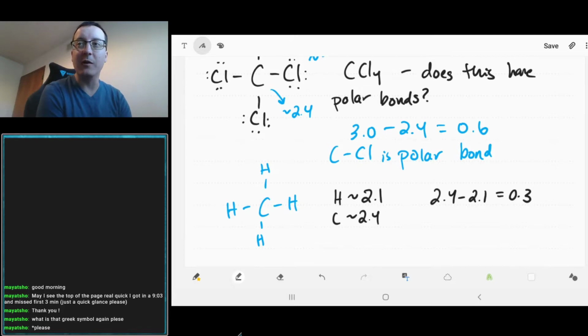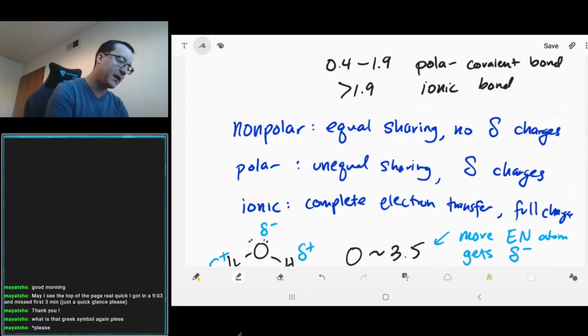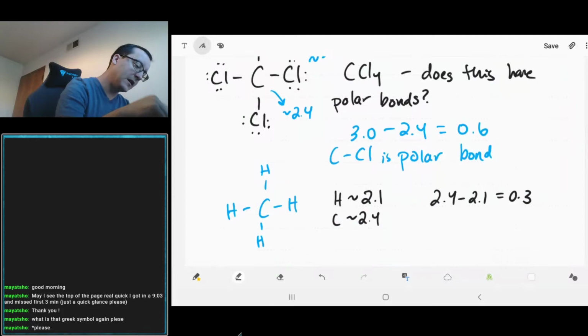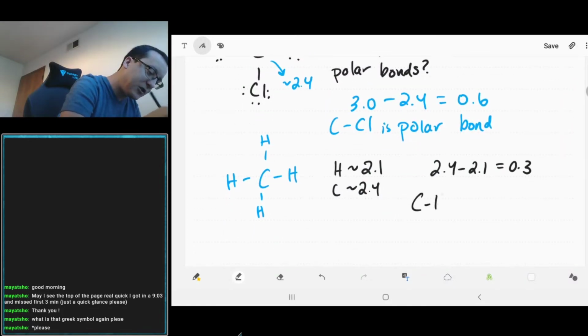So we're not really interested in if it's positive or negative. There's not really a point to doing it otherwise. So just look at how big the number is. So it's 0.3. And if we go up to our little scale here, it says if it's less than 0.4, it's going to be nonpolar. And so we're going to see that a CH bond is nonpolar.